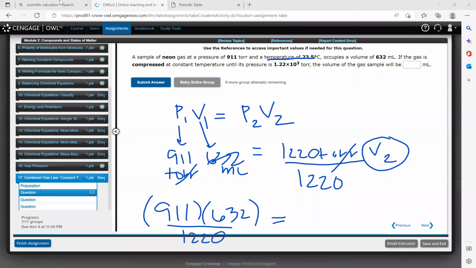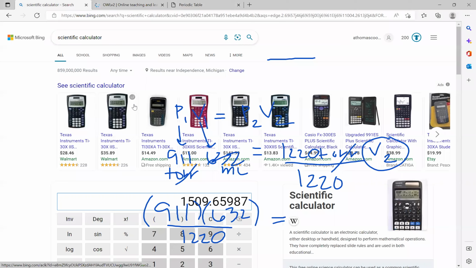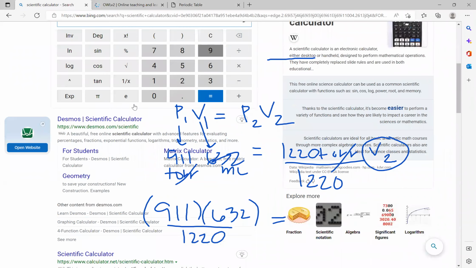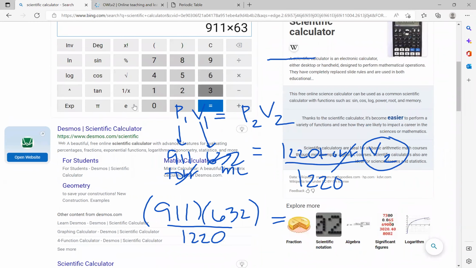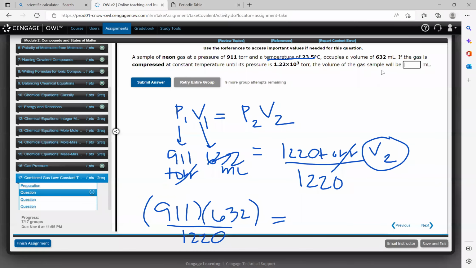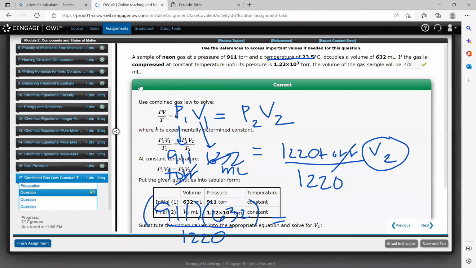So 911 times 632, divided by 1220. And we're going to get three significant figures, so this will be 472 milliliters. Submit our answer, and we're good to go.